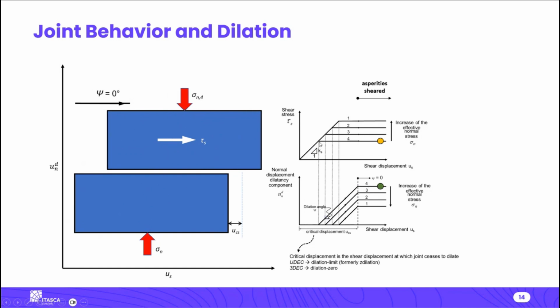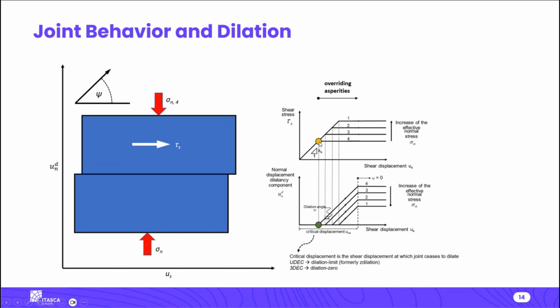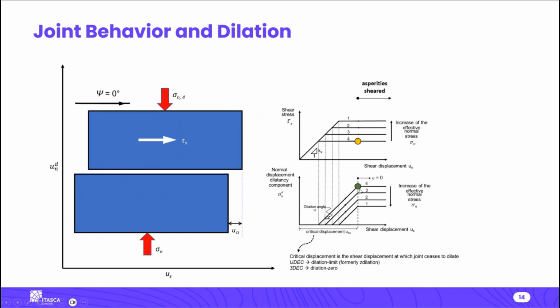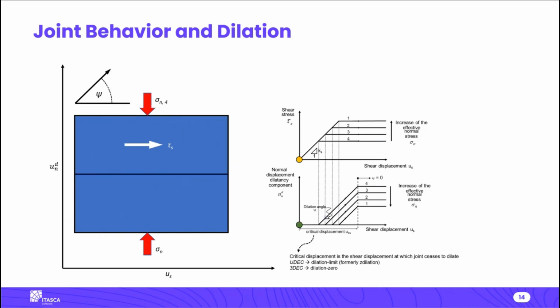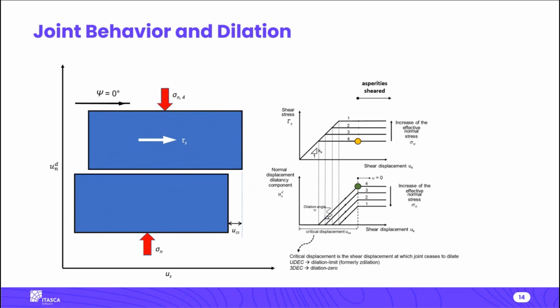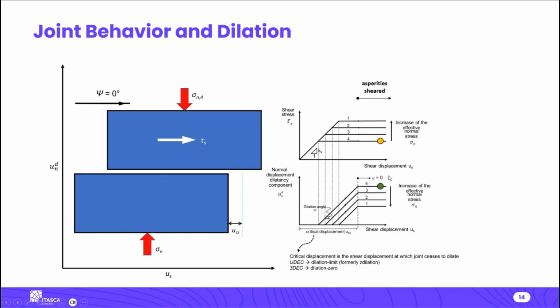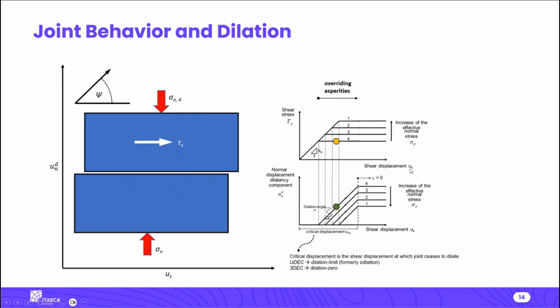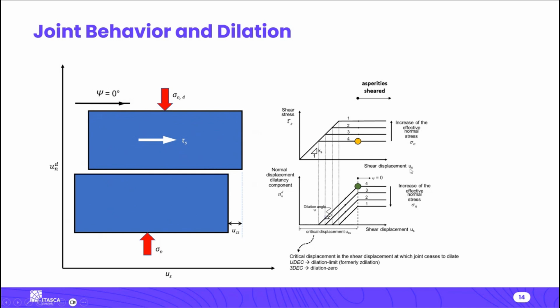As soon as it starts to shear, you'll see this thing opening, and then it can reach some user-specified maximum level of dilation, and then it will just continue on at the same amount of opening. Note that the default dilation is 0, so if you don't specify anything, it won't dilate. It will just happily slide along without dilating. Also note that the peak level of dilation is not given, and so if you don't specify anything, it will just keep on opening forever. So be aware of that.